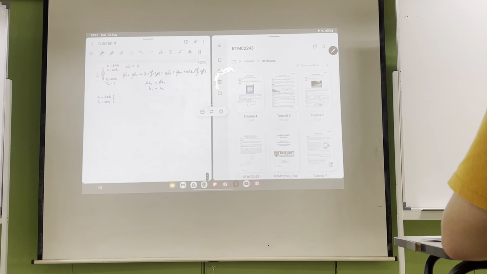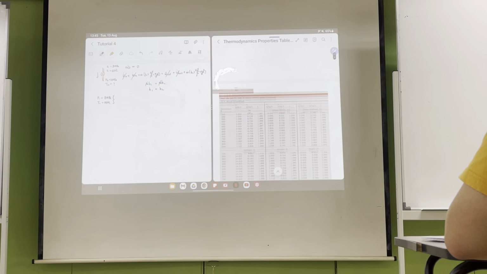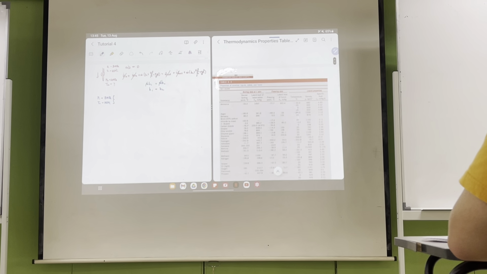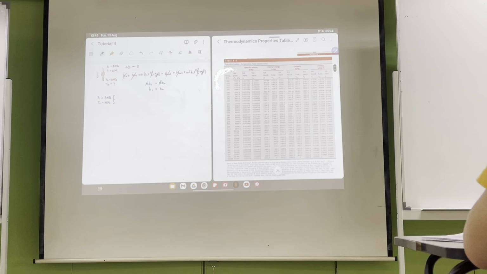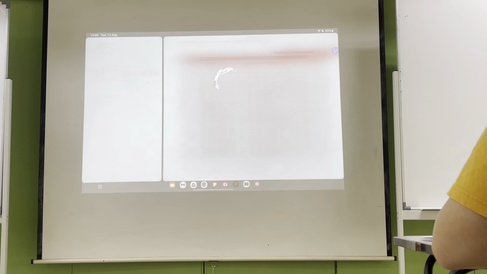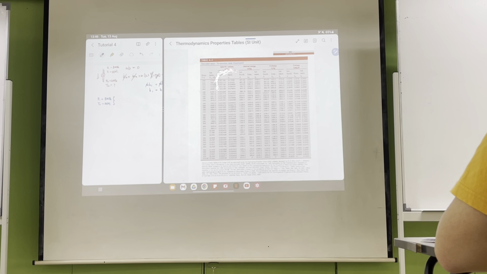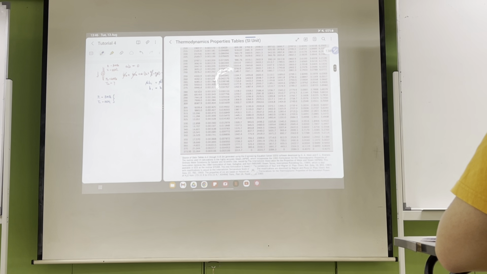Okay, let's go to the table. We check for 8 megapascal or 350 degrees Celsius. Like I said, either one is fine since you are given both, but you shouldn't expect it to be at the saturated state because you have both of them. If they were at the saturated state, then you are screwed, you cannot find anything. So we look at 350.